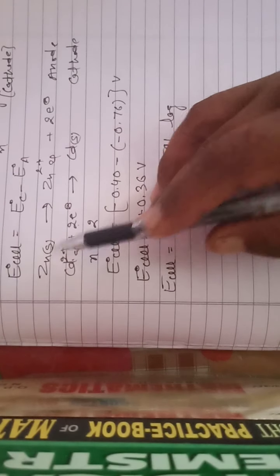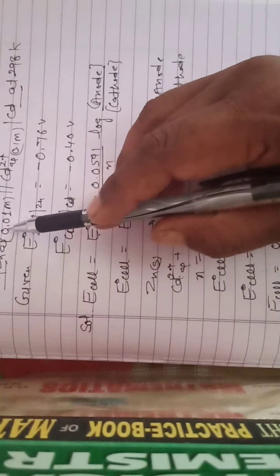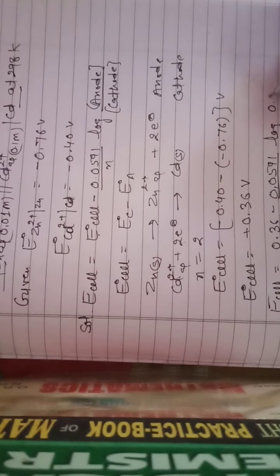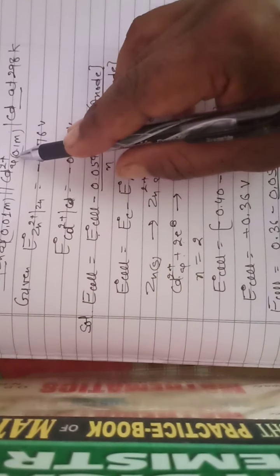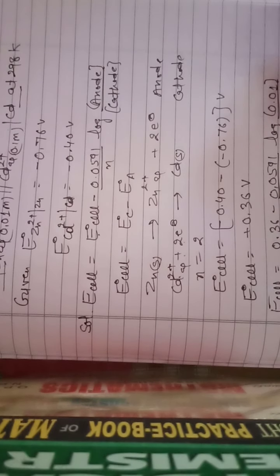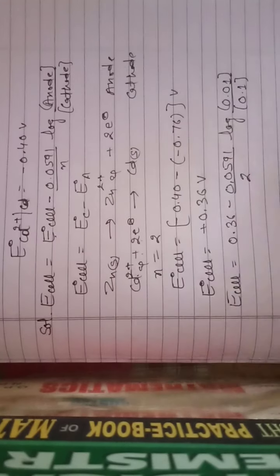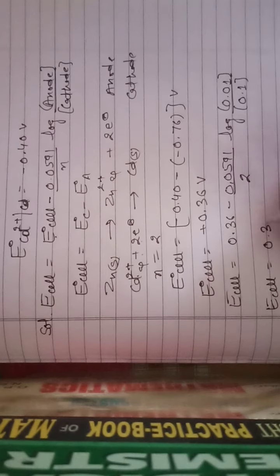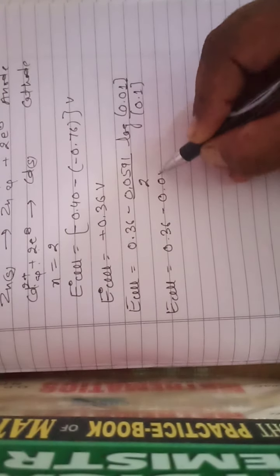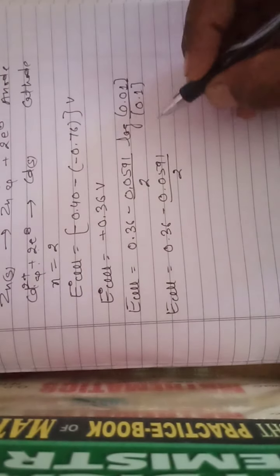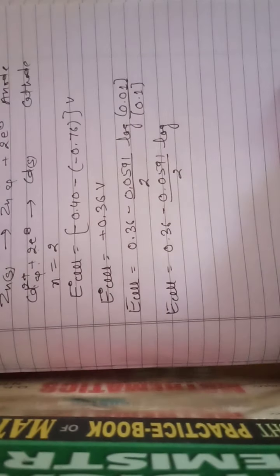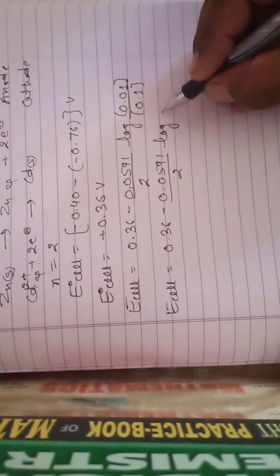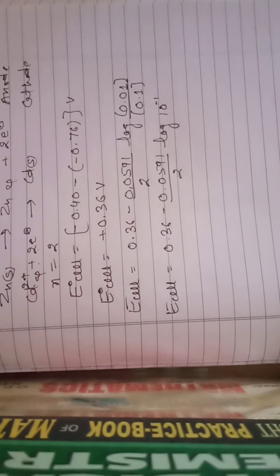The anode is Zn, its concentration is 0.01, and the cathode is cadmium, its concentration is 0.1. So E cell is equal to 0.36 volt minus 0.0591 upon 2, and the log becomes 10 raised to power minus 1.